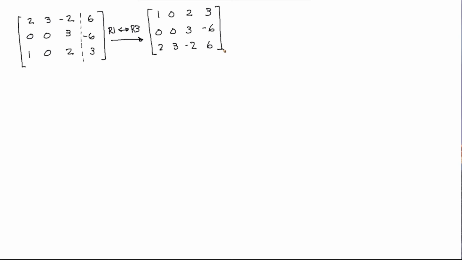And I'm going to choose that number carefully so that I can turn that 3, it's 0, 0, 3, into a 1. So what would I multiply by? A third, right? So I'm going to multiply 1/3 times row 2, leaving everything else alone.